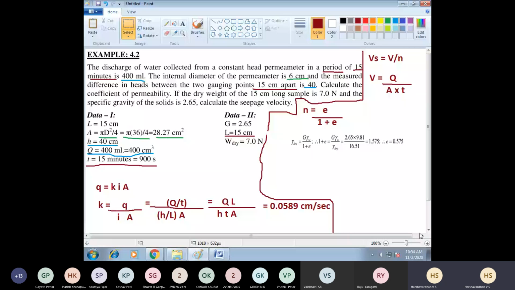Gamma D, dry unit weight, is given by G into gamma W divided by 1 plus e.